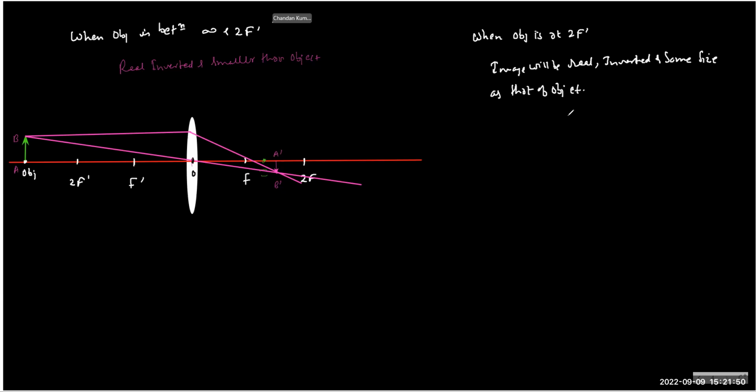So what next? There is no need to draw the diagram, this is common sense. When the object is between f dash and 2f dash, what will happen?